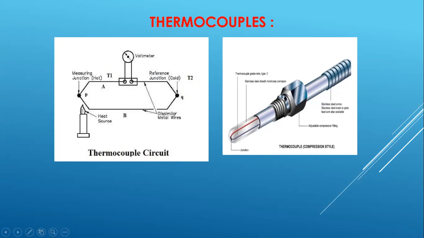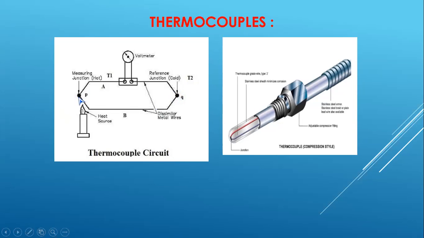Once again, remember, metal A is made from copper alloy, metal B is made from silver alloy, and you make the joint like this and place one end at P. The junction P is the hot junction and junction Q is the cold junction. The cold junction is usually placed in a bowl with ice cubes, giving a temperature of -5 or -6 degrees centigrade, and the hot junction may be 200 degrees centigrade.